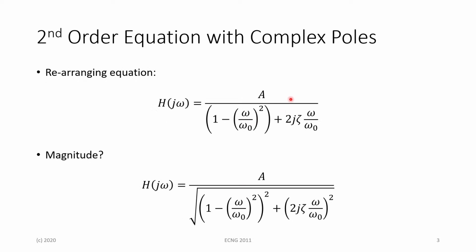If we rearrange it, when we do the division, that omega naught basically goes onto the denominator. If we try to find the magnitude of this, we square each one of these individual terms here, and then we do an overall square root. So a squared, the square root of that is just going to be a. But then the real part here is going to be squared, and that's going to add to the square of the imaginary part here, and we have to apply the square root in particular for the magnitude.